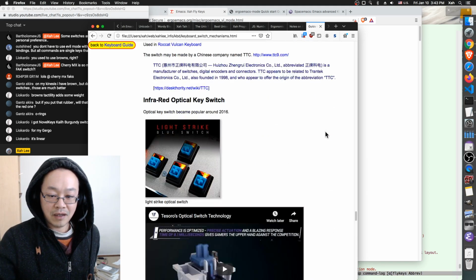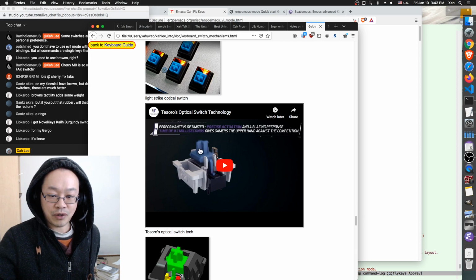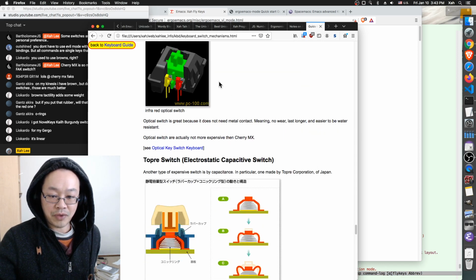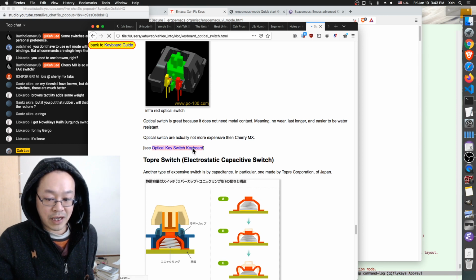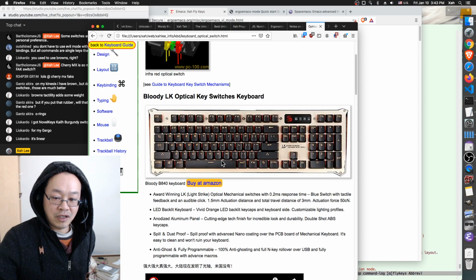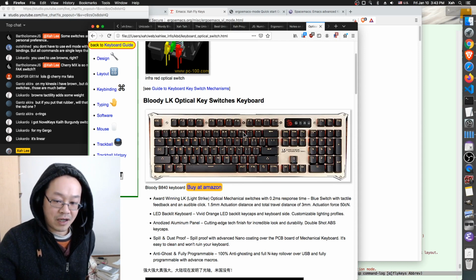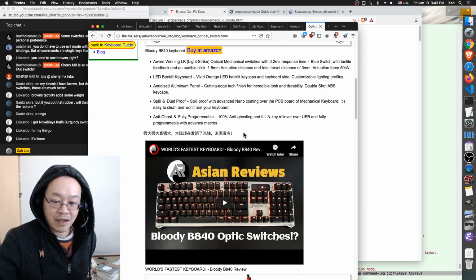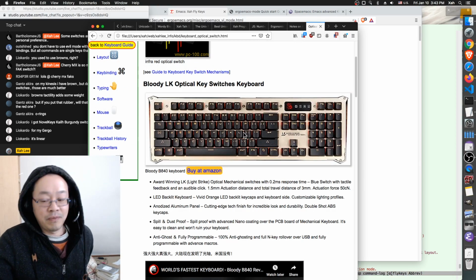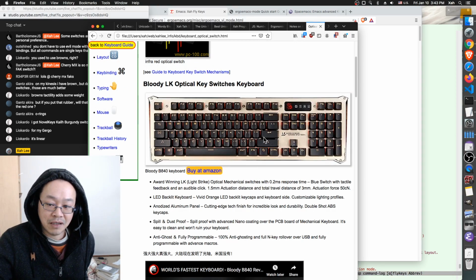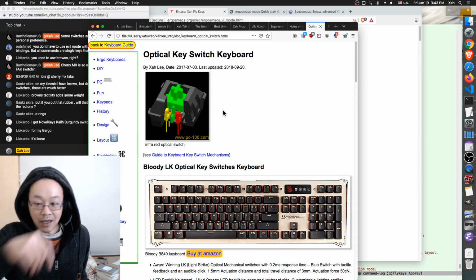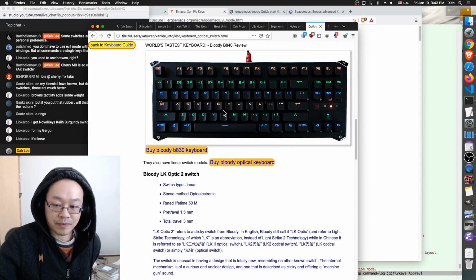And here is optical switch, and I think it's great, and you can buy them too. This keyboard is also very cheap, like $40 or something. So I recommend it. If you just want a plain flat keyboard, I actually recommend this optical switch keyboard.